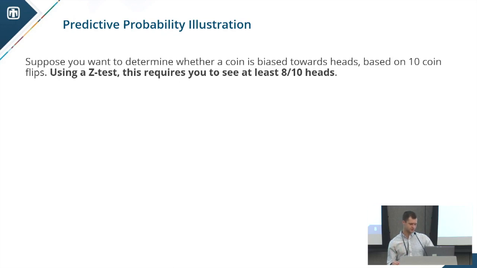Suppose you did some power analysis that said you have to flip the coin 10 times and your experiment is sufficiently powered. Great. And then say you pick a significance level that says, in order for you to decide that the coin is biased, you will have to see 8 out of 10 flips be heads.